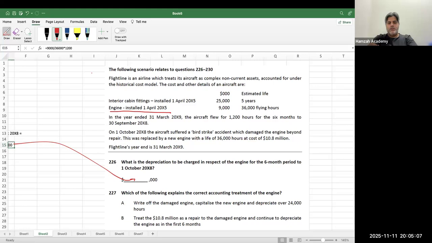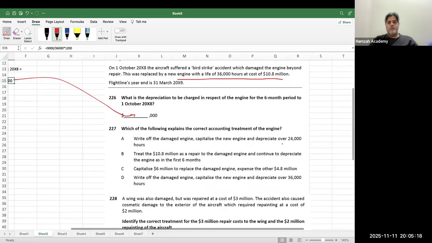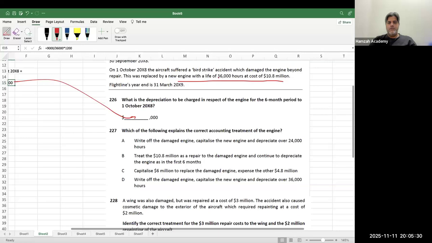This was replaced by a new engine with a life of 36,000 hours at a cost of 10.8 million. Which of the following correctly explains the accounting treatment of the engines? Write off the damaged engine, capitalize the new engine, and depreciate it over 24,000 hours. No, the life of the new engine is 36,000 hours, right? So it cannot be done like this.